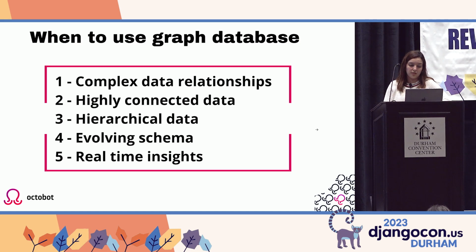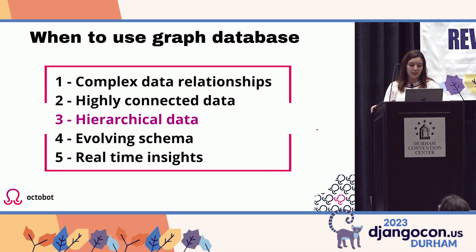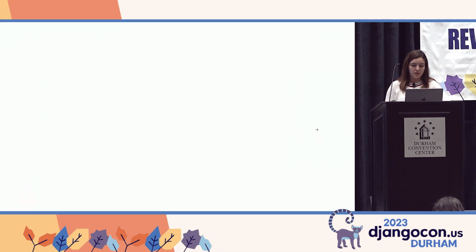Graph databases are quite interesting for that because it's not so fixed. And then real-time insights. An example of this could be a recommendation system or fraud payment prevention. About complex data relationships, I'm going to bring an example later. And for hierarchical data, I bring a small example.